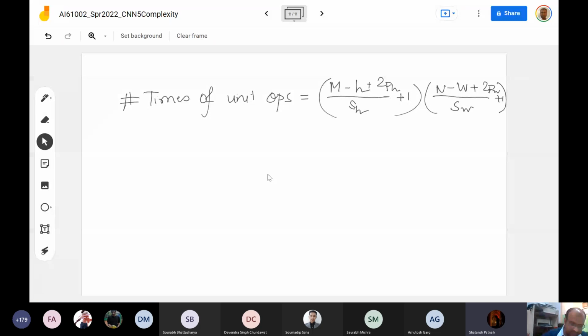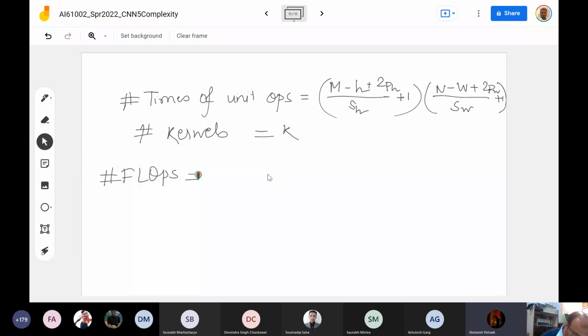Now the point is, number of times of these unit operations is this, and number of kernels is equal to K. So now, what is my number of flops?